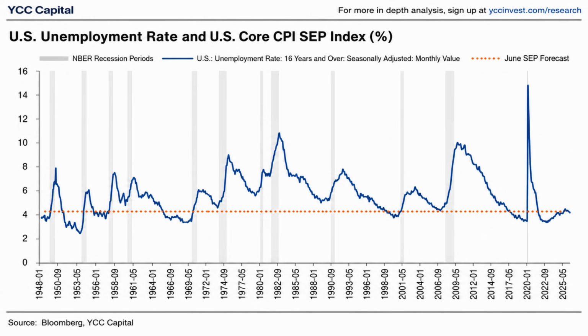While risks certainly remain, history suggests that as long as unemployment stays near this equilibrium level instead of accelerating sharply higher, the probability of a soft landing remains significantly higher than many investors feared only a year ago.